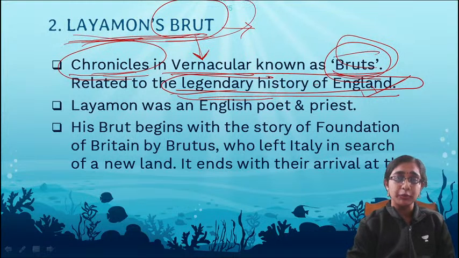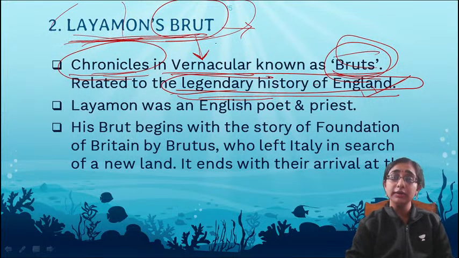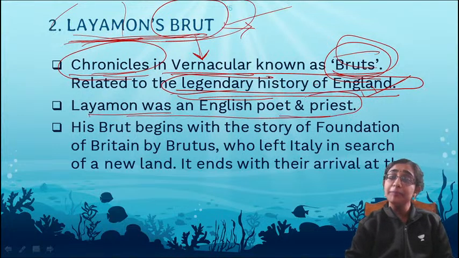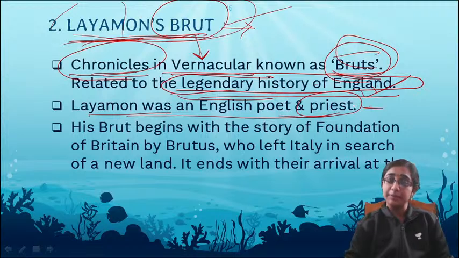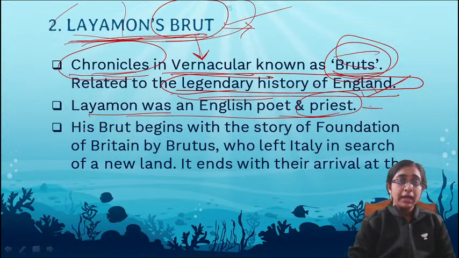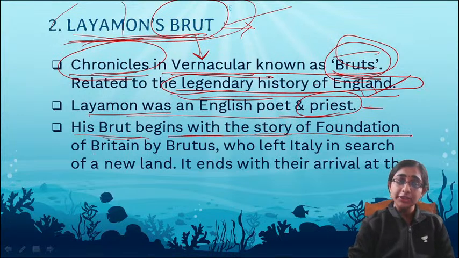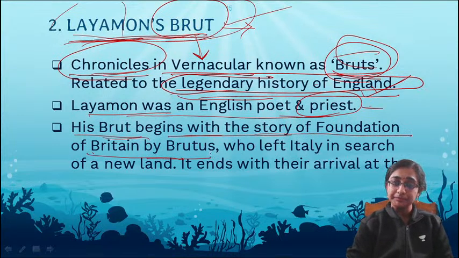Now, Layamon's Brut. Who is Layamon? Layamon is the author of the Brut. Layamon was an English poet and a priest, so he was also a religious person. His Brut begins with the story of the foundation of Britain by Brutus.